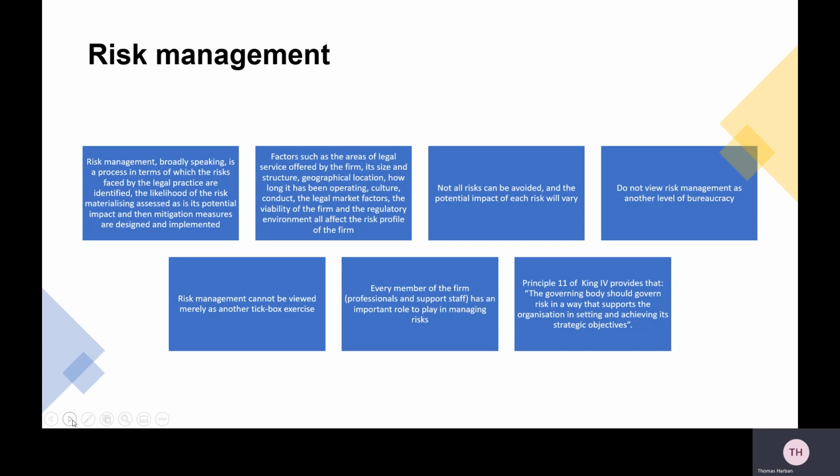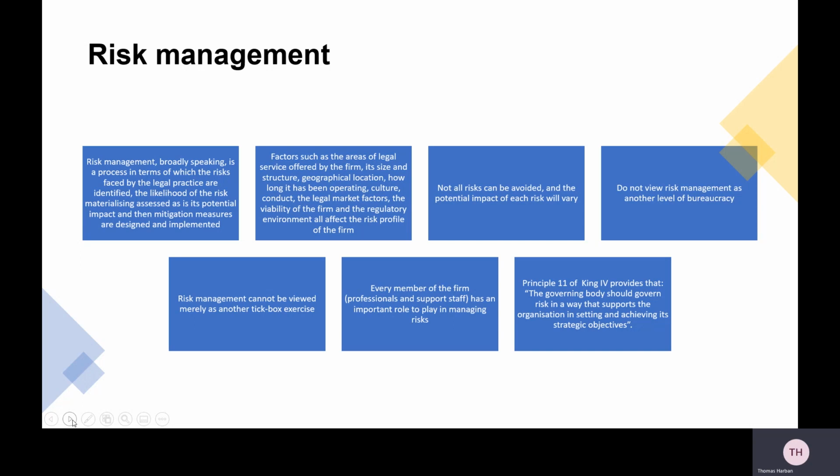You could also look at the likelihood of the risk materializing. Some risks may be remote, and also the potential impact. The severity of risks is not the same. But it's important that you design and implement risk management measures to meet those risks that you have identified, or to assist the firm in overcoming the risk.